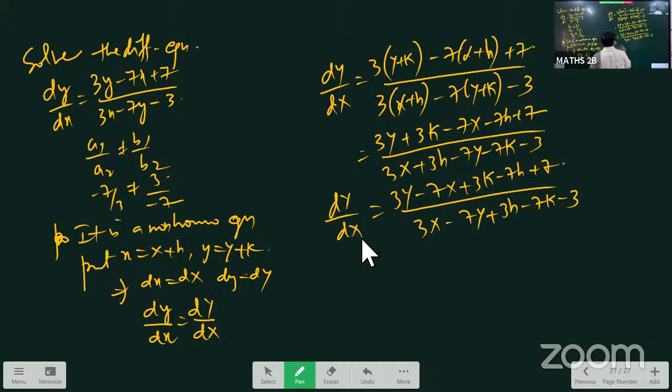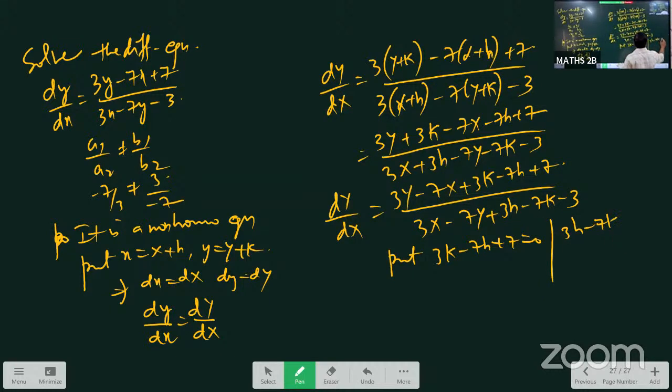Now put 3k minus 7h plus 7 equal to 0 and 3h minus 7k minus 3 equal to 0. This you will put as 1, this you will put as 2. Solve 1 and 2 to get h and k.